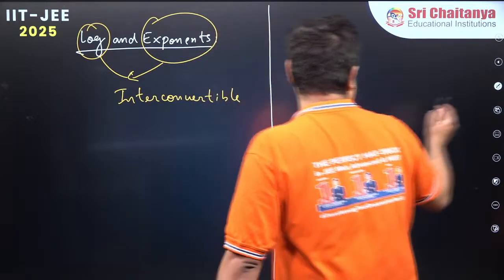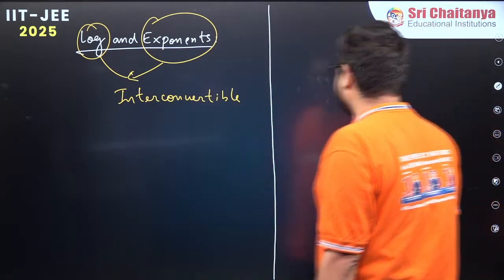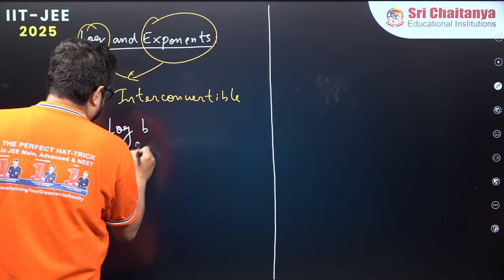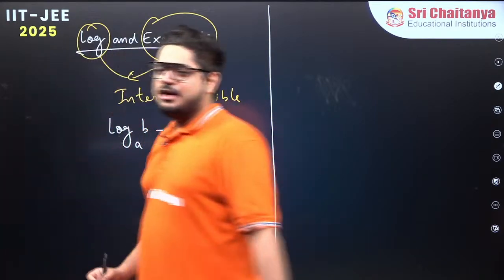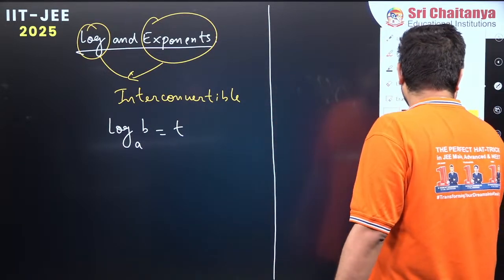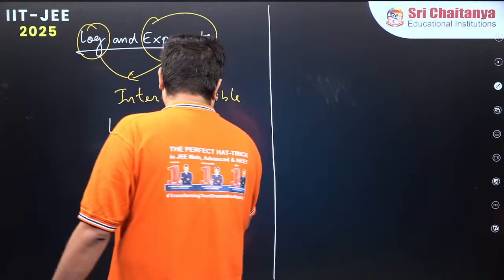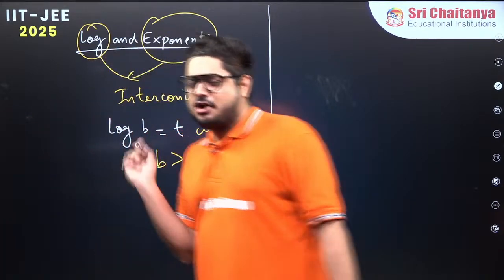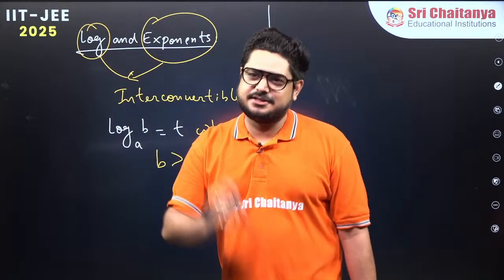Okay. For example, if I am having something as, let's say, log b base a is equals to t. You know that log will be having some base. And if I talk about this b, everyone, I can say that b has to be greater than 0. It cannot be 0, but it has to be greater than 0.